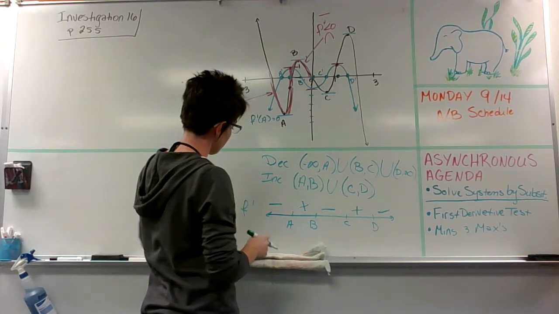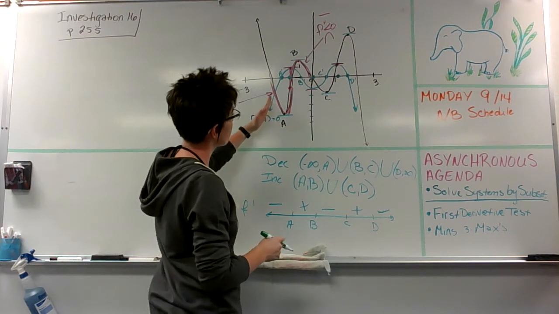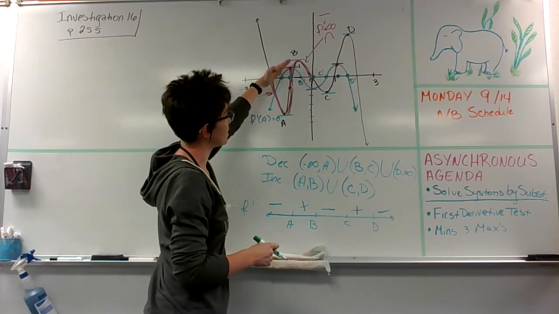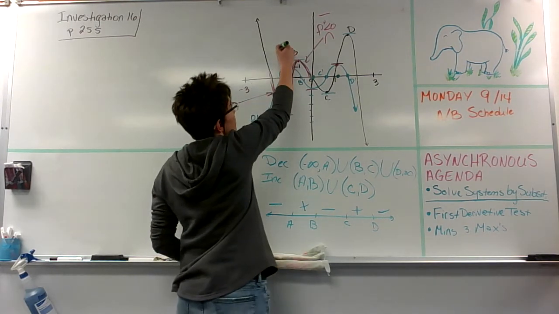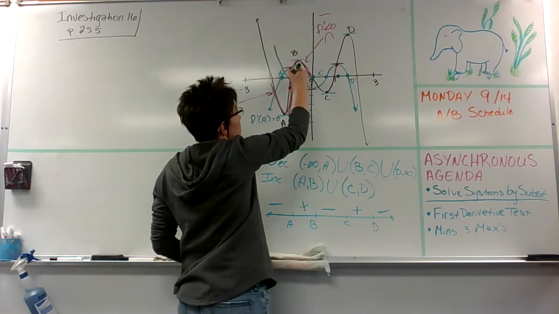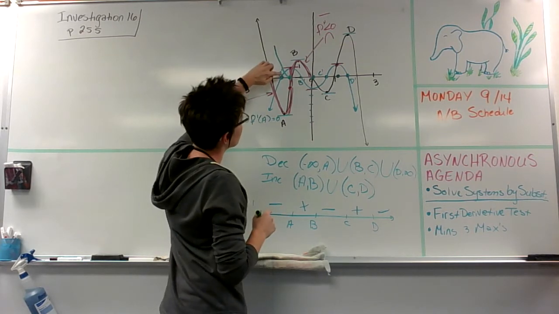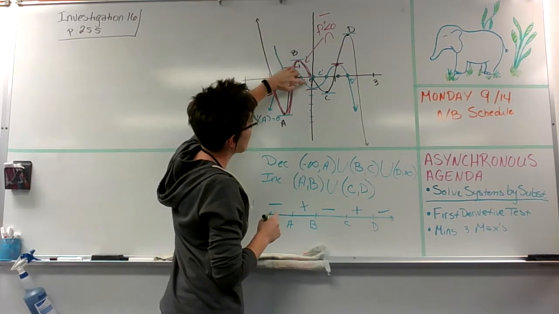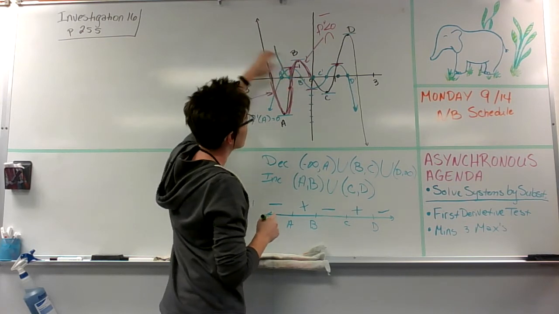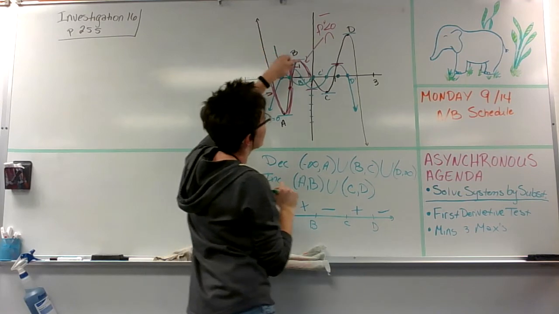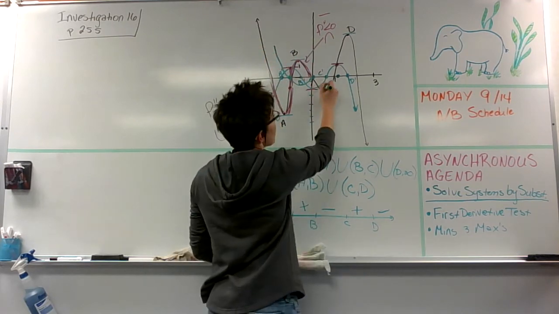So notice here that the slope of my slopes, the slope of the blue line, the slope of slopes is positive. So that means my f double prime should be positive up here in the positive areas. Okay, then the slopes become negative. So here to here are negative. So I go negative. And then slopes again become positive.